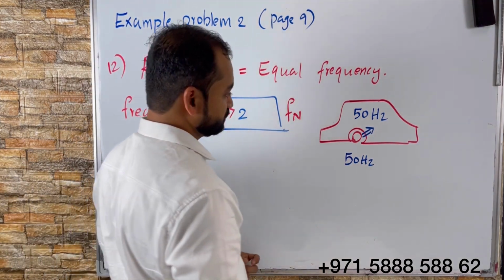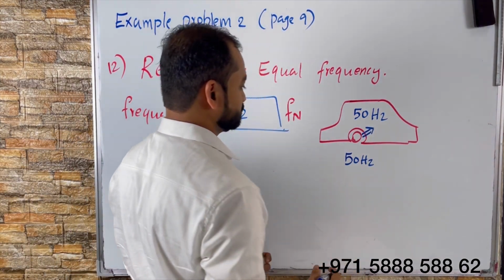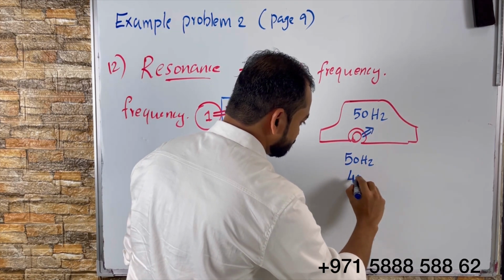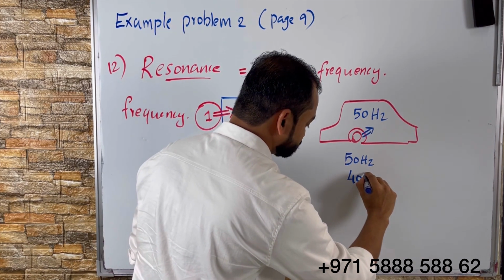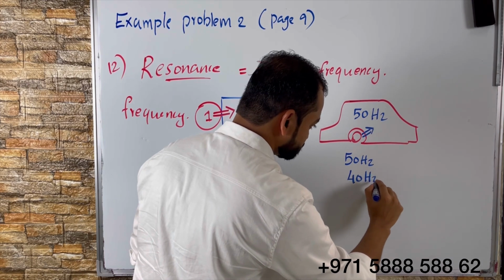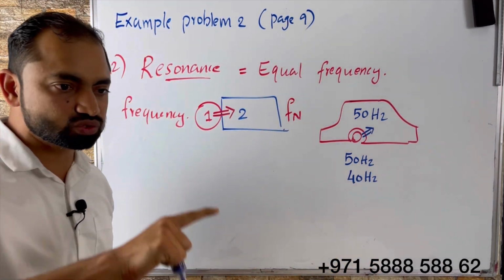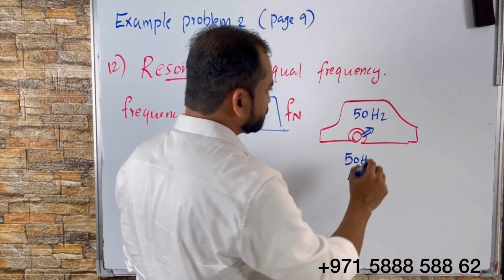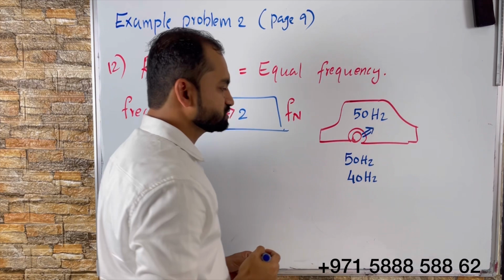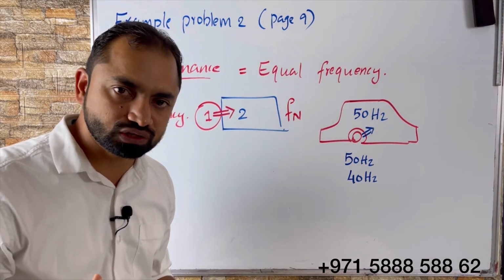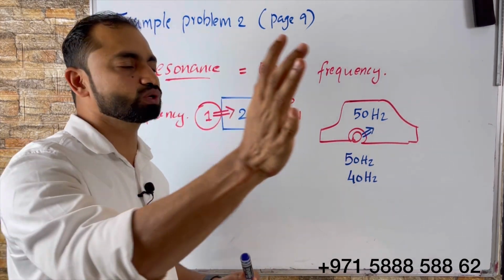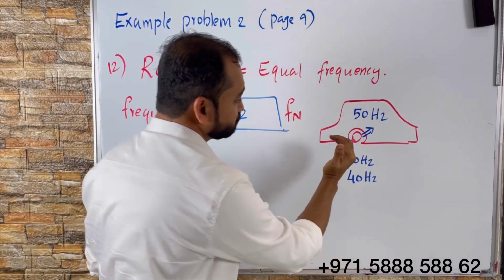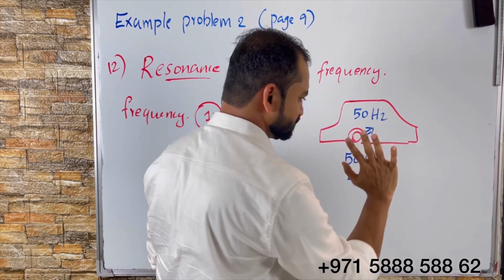And if the speed is decreased, for example, now the rotational frequency of the tire is 40 hertz, it means in 1 second the car tire is rotating 40 times, and the natural frequency of the car is 50 hertz, right? Now the rotational frequency is not equal to the natural frequency of the car, so only less energy will be transferred.